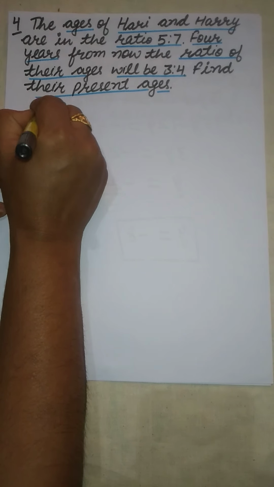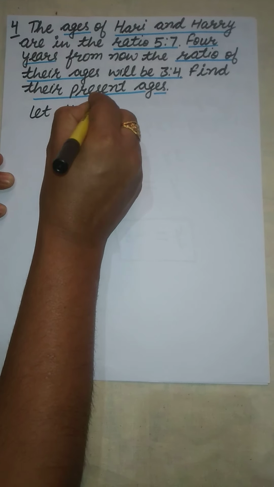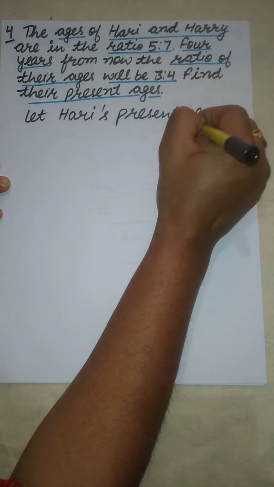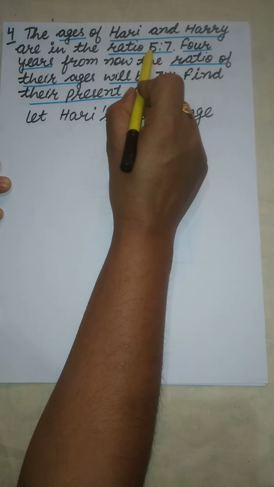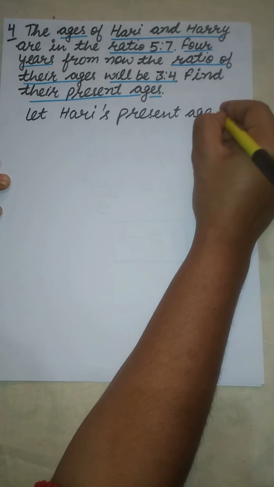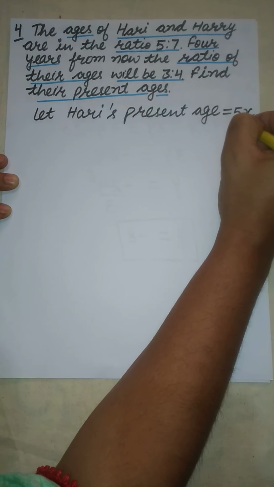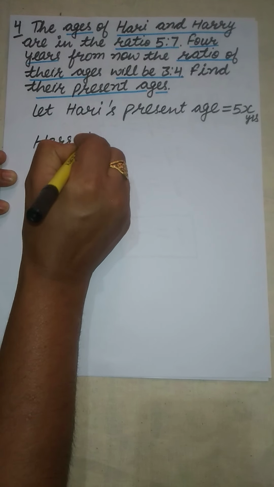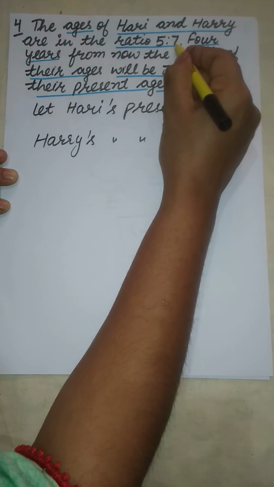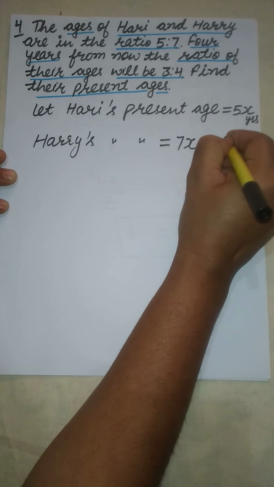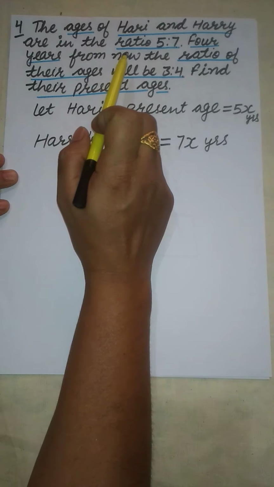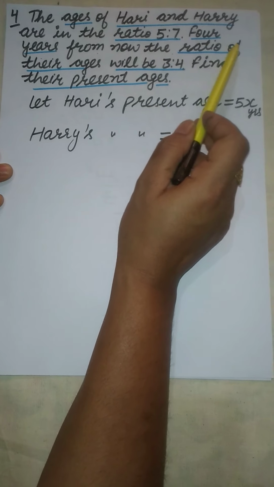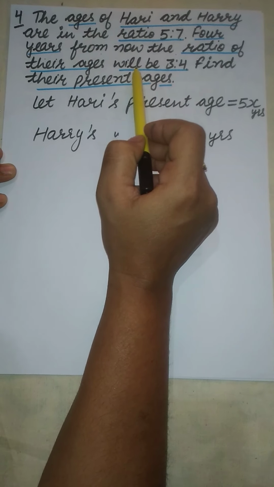Let Hari's present age, it is 5:7, so Hari's age will be 5x years, and Harry's present age will be 7x years. Next condition is 4 years from now, the ratio of their ages will be.